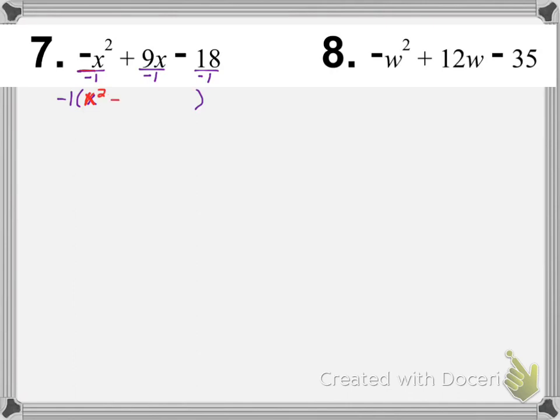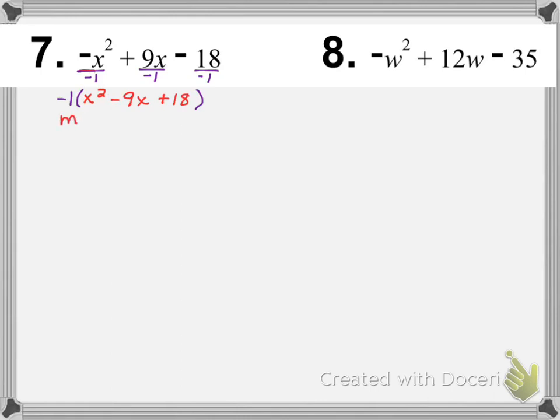X squared minus 9x plus 18. So when we do our magic numbers, we factor only what's in the parentheses. So I'm going to keep the same color because that's all I'm interested in, is factoring only what's in the parentheses.